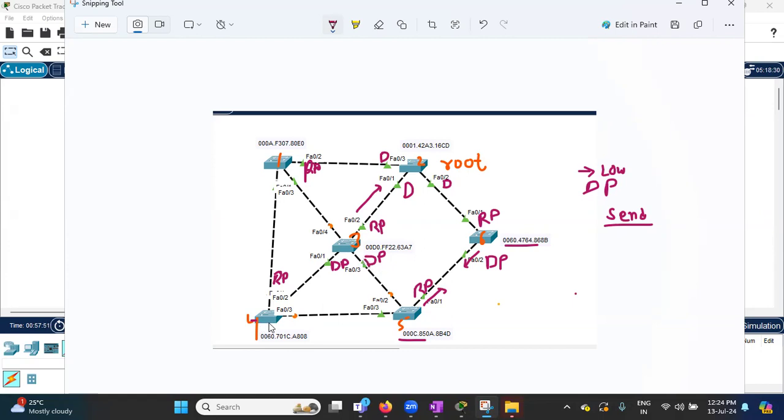Now tell me switch number 4. What will be the DP port? Abhi. Port 3 would be the DP port. Yes, incorrect. 3-1. But let me know why.